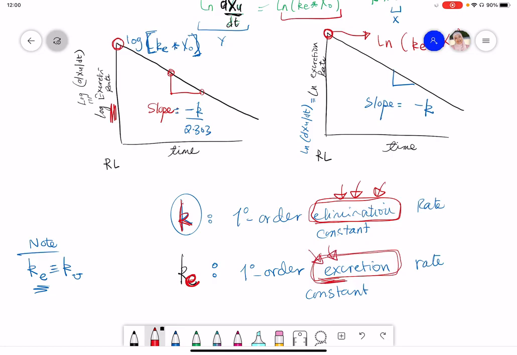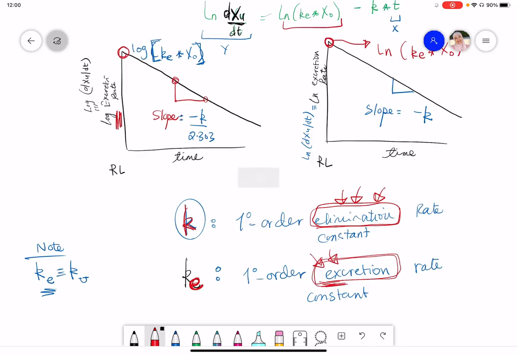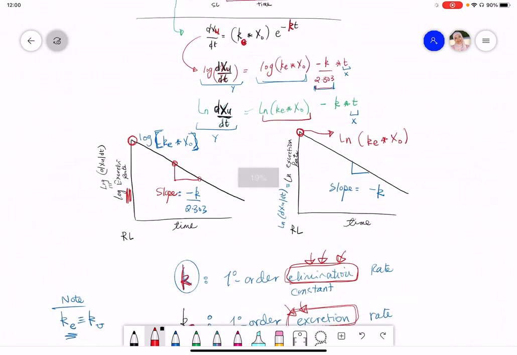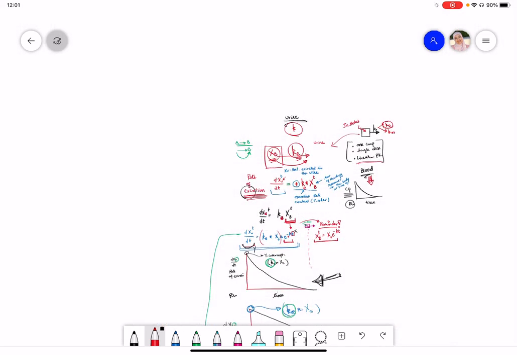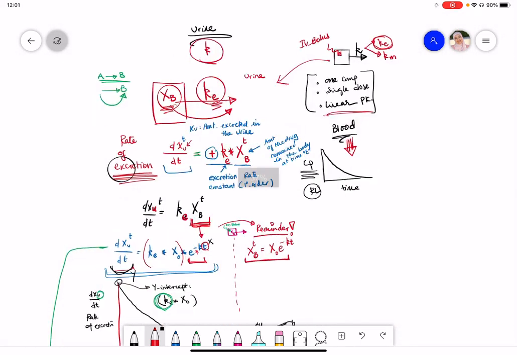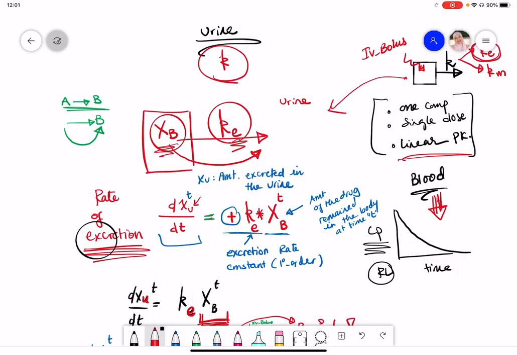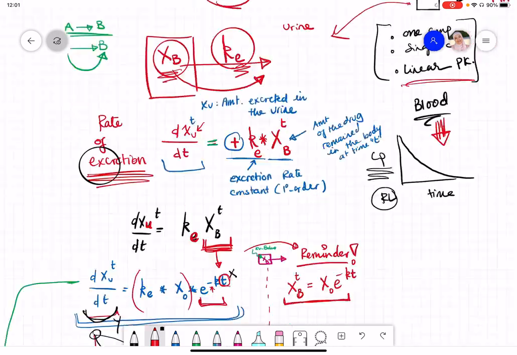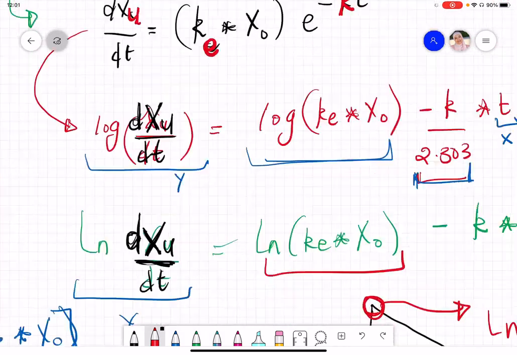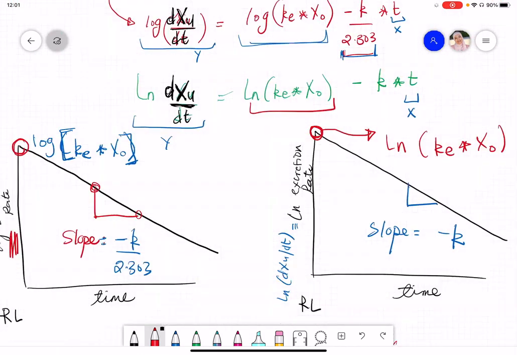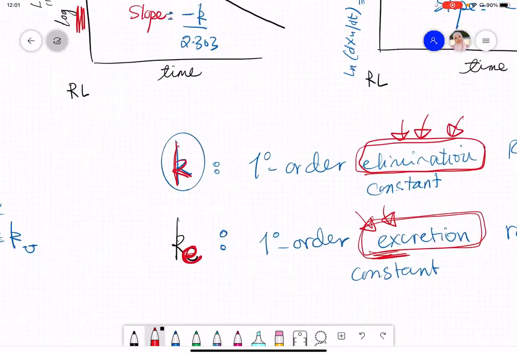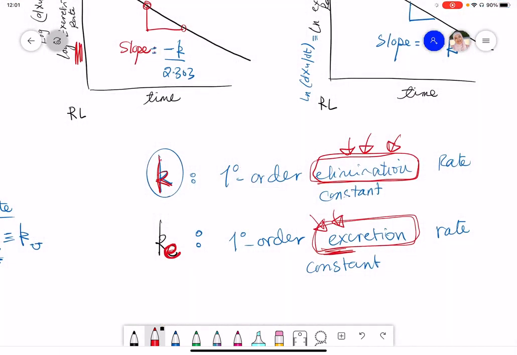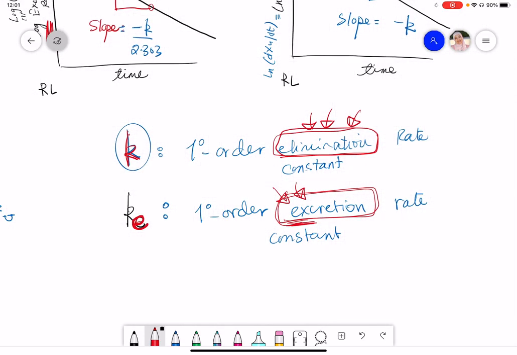Notice that we were using the rate of excretion in the urine, so we were using urine data to determine those parameters. We were able to determine both of those rate constants, which are parameters for the model that we are studying.